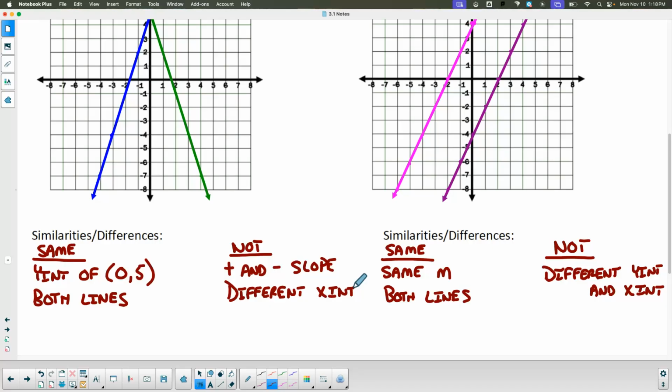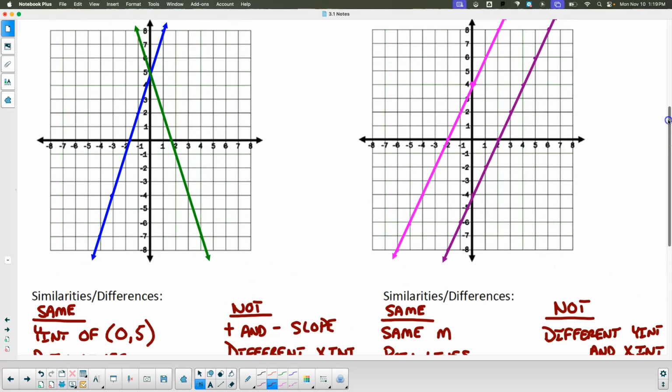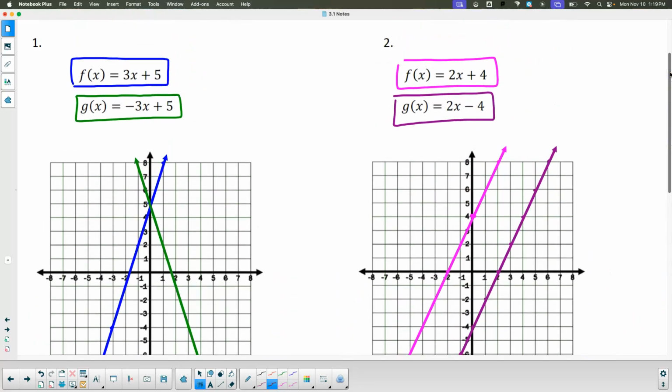It's the 4 that has the positive and negative. These two? Yeah, those would be y-intercepts, because it's in y equals mx plus b. Then how is the x-intercept different? Because it goes through 2 different points after you graph it. If the x-intercept was the same, they would intersect right on the x-axis.